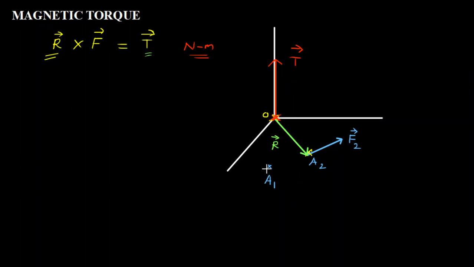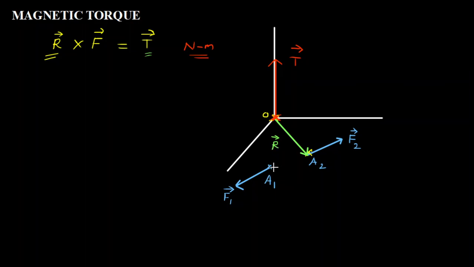And to complicate things, what if this force is acting exactly opposite to my initial force F2? Don't worry about the suffix because I am talking about F2 initially. So I have a force here which is acting at point A2, and another force acting at a point A1, with some distance between them.